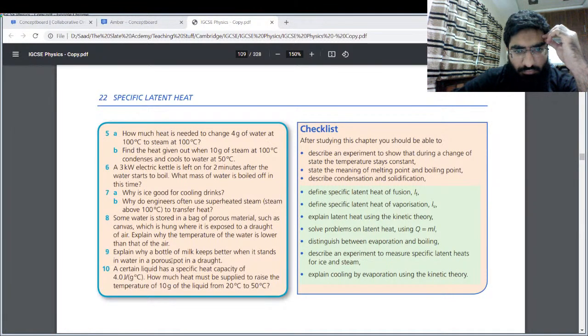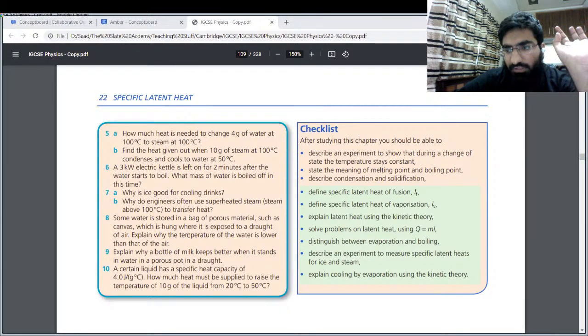Ice is good, I guess, because it produces a low amount of heat and absorbs heat. Ice has a very high specific latent heat of fusion. So the amount of energy that you need to give to ice so that it converts into water is very high.